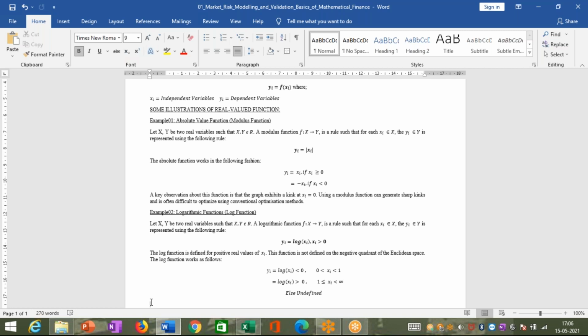Number one, logarithmic transformations are widely used in time series variables, or in any of these quant modeling frameworks, because whenever we are trying to assess the price of an index and its movement, or the percentage movement of the index, we always try to take a logarithmic transformation of the variable.